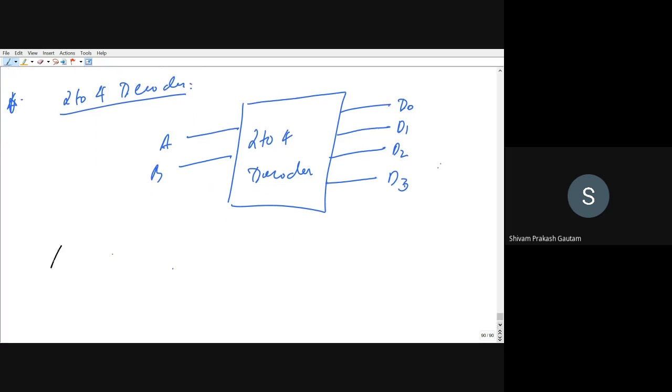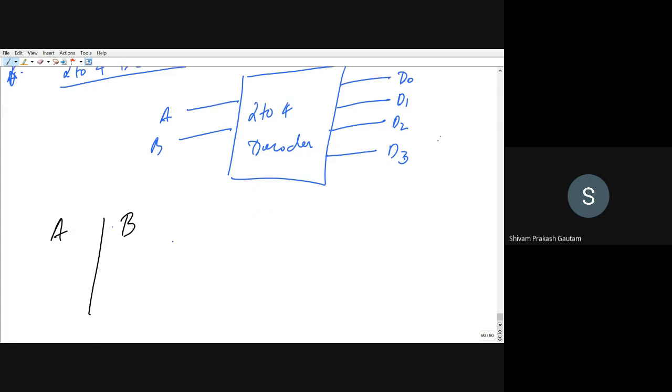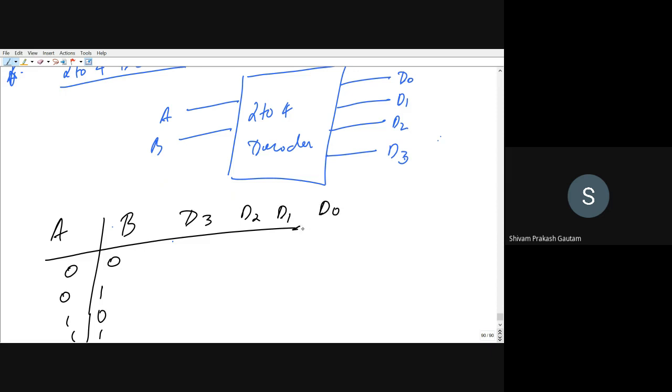Now, if you want to build the truth table, AB values can be 0 0, 0 1, 1 0, and 1 1. Correspondingly, we will have here D3, D2, D1, and D0.